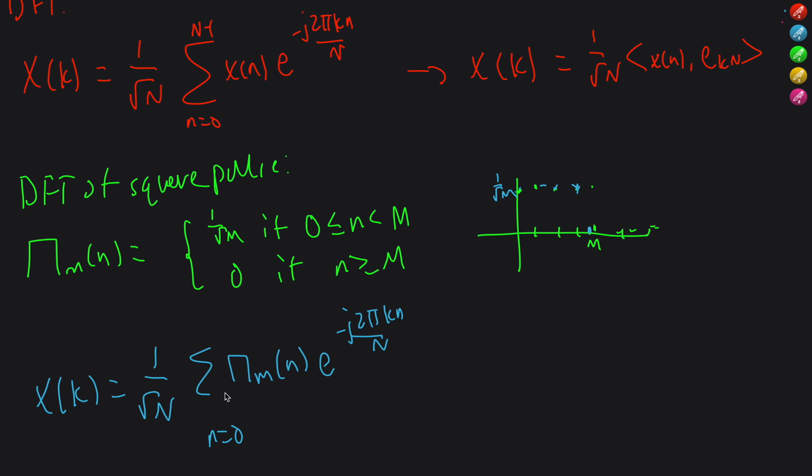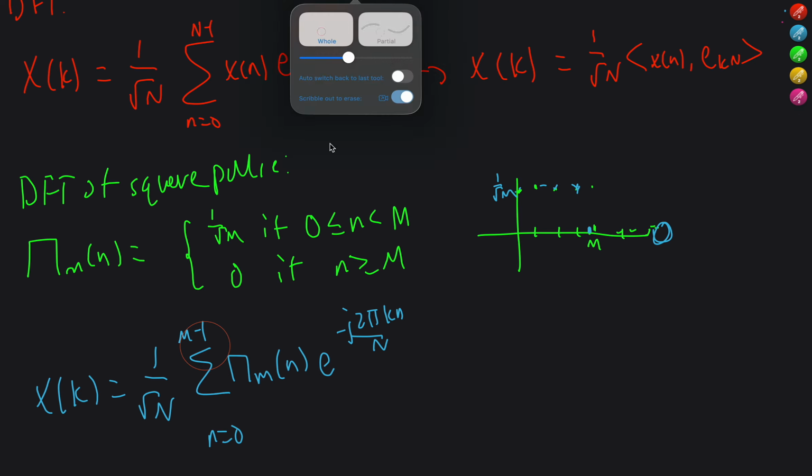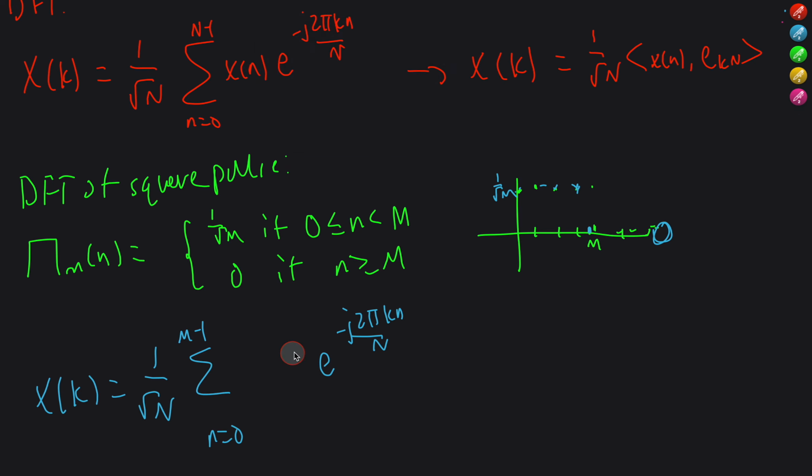So I'm just going to replace this sum. Instead of going from 0 to big N minus 1, I'm going to go to big M minus 1. And then I can replace the signal itself with what the value actually is, which is 1 over root M. You can evaluate this the same way we did before: take this n out in a power like this, and then you have again another geometric series.